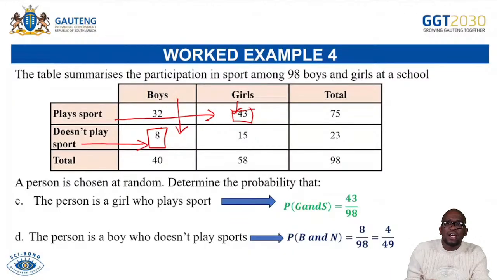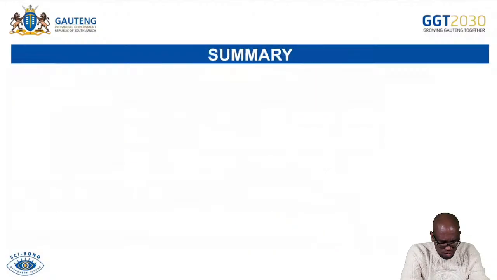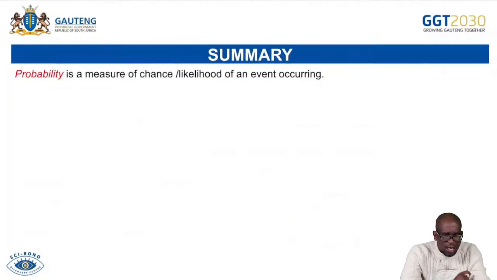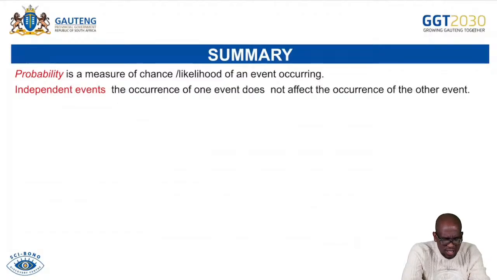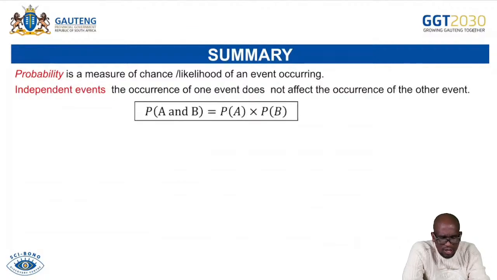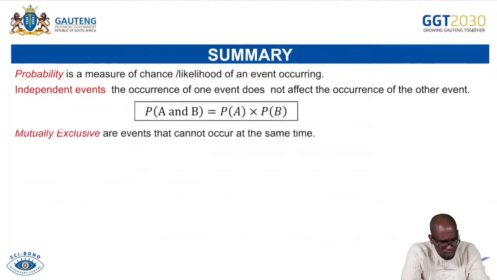All right, let's summarize what we've worked on today. We said probability is the likelihood of an event occurring. And then we looked at independent events. We said the occurrence of one event does not affect the occurrence of the next, and we used the product rule for that.